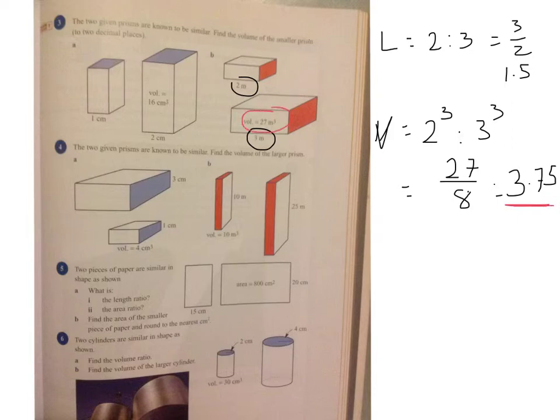So I've got this one, and I've got to go to there. I'm going to a smaller one. So I've started off big and I'm going to the smaller one. So I've got to divide by 3.75. So my volume is going to equal 27 divided by 3.75.